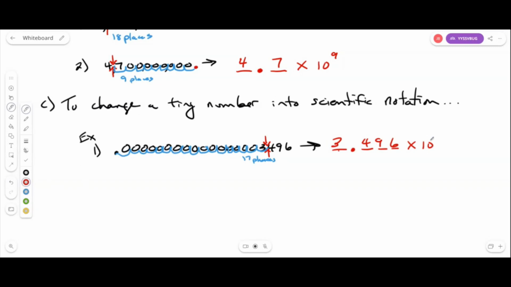So this is 10 to the negative 17 because this is a tiny number. Tiny numbers have negative exponents.